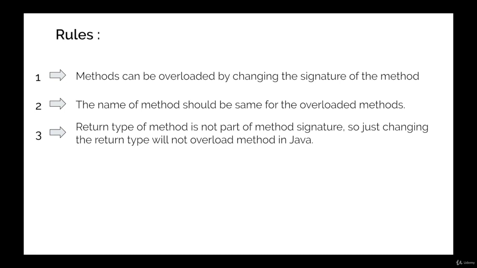We already know that the return type is never part of the method signature. So two methods can only be overloaded when they have the same name but different parameters. Return type doesn't come into consideration here because it is not part of the method signature. So these are the three rules.